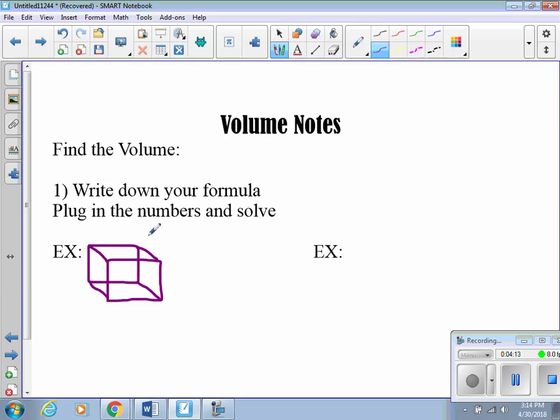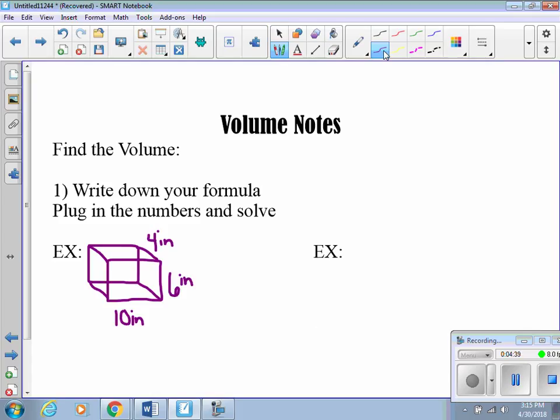And so this side here is going to be 4 inches. This one here is going to be 6. And then this one here is going to be 10. Now we're ready to solve this problem.